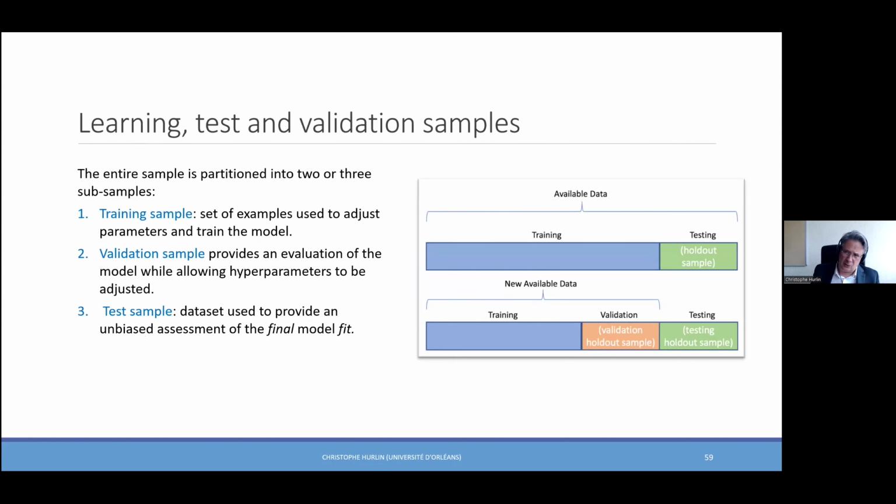So let me go back to my machine learning algorithm, and let me split my data set in 2 or 3 samples. First stage, all my available data are partitioned into 2 subsamples: first, the training data set, and then the test data set.